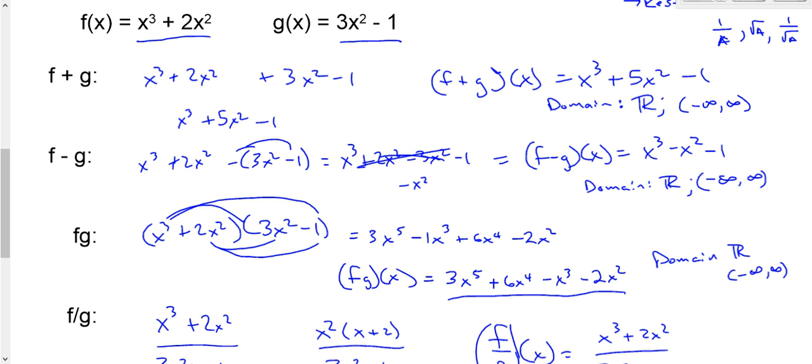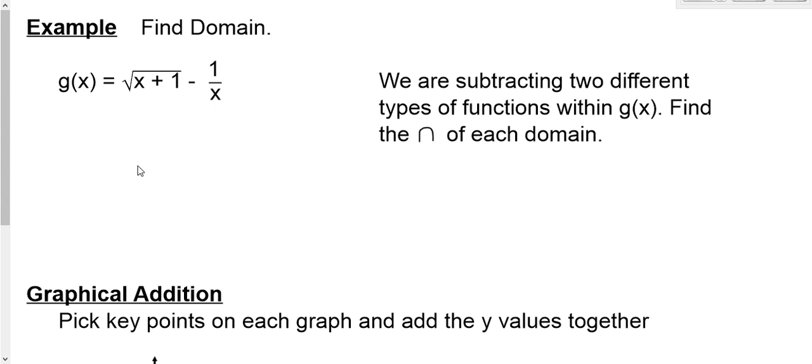Now, let's look at this example where I need to find the domain of g of x. And g of x is the square root of x plus 1 minus 1 over x. Well, basically, we are subtracting two different types of functions within g of x.